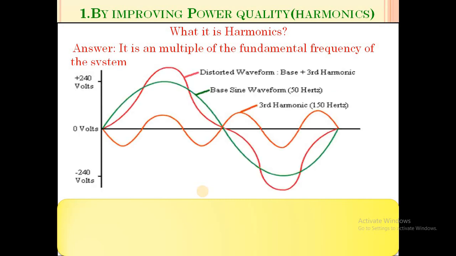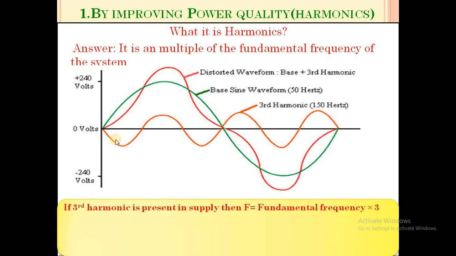How will we see it? Here I have taken a waveform which shows the fundamental frequency wave, third harmonic wave and the distorted wave. We'll see one by one. The green color shows the fundamental frequency wave, that is the sinusoidal 50 Hz wave, the base sine wave. The green one is the base sine wave, that is normal. Now we'll see third harmonic present in the supply.